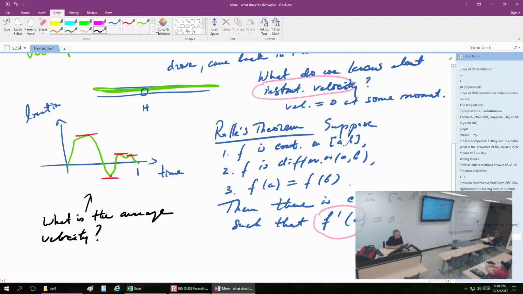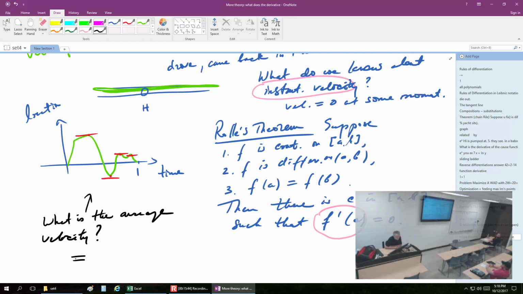What's the average velocity over this period of time? Do you remember what the definition of the average velocity is? Same as average rate of change, difference quotient, all of those words are good.